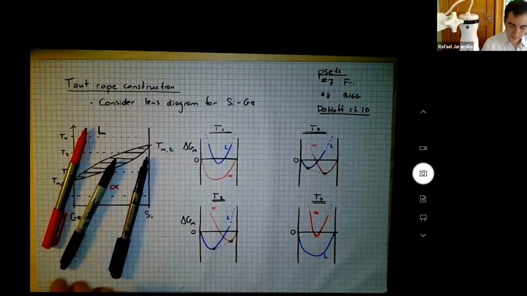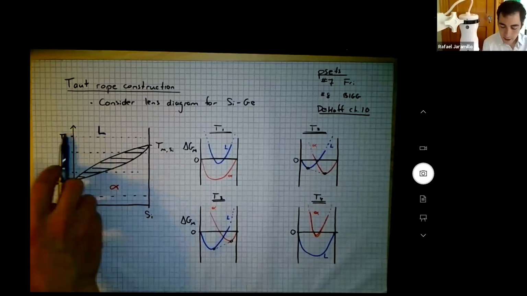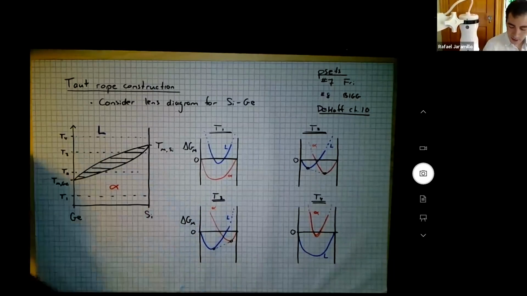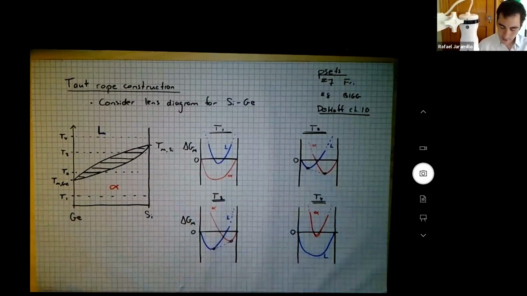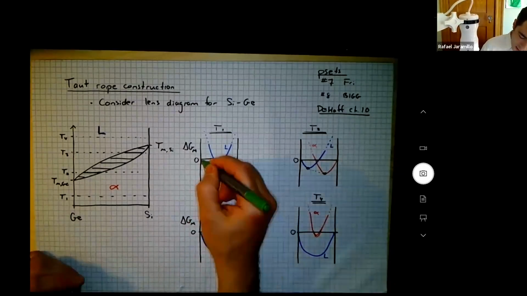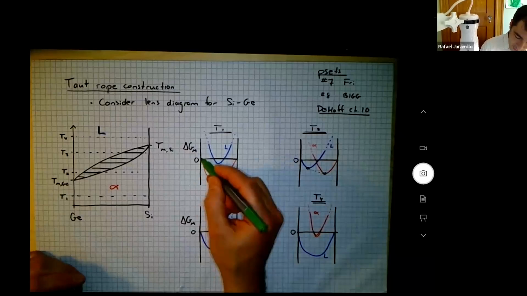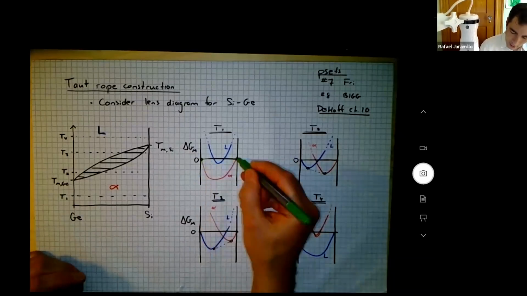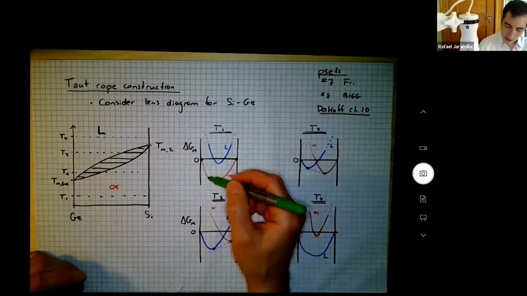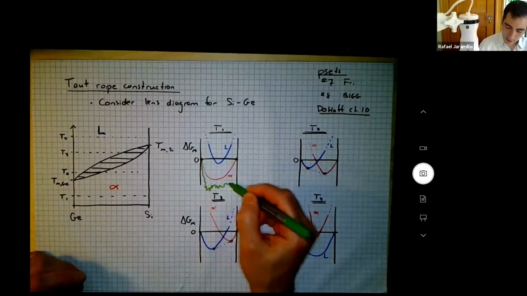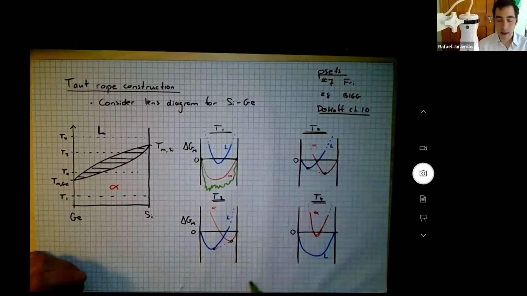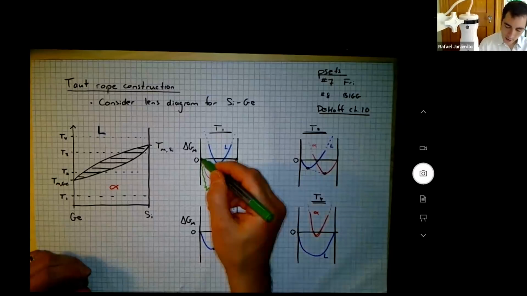Okay. Now we're going to talk about the taut rope construction. So what I'm going to do is I'm going to use green. And you're going to imagine putting a rope and anchoring the rope here and here. And imagine the rope is initially floppy. You have a floppy string. And it comes out this side.